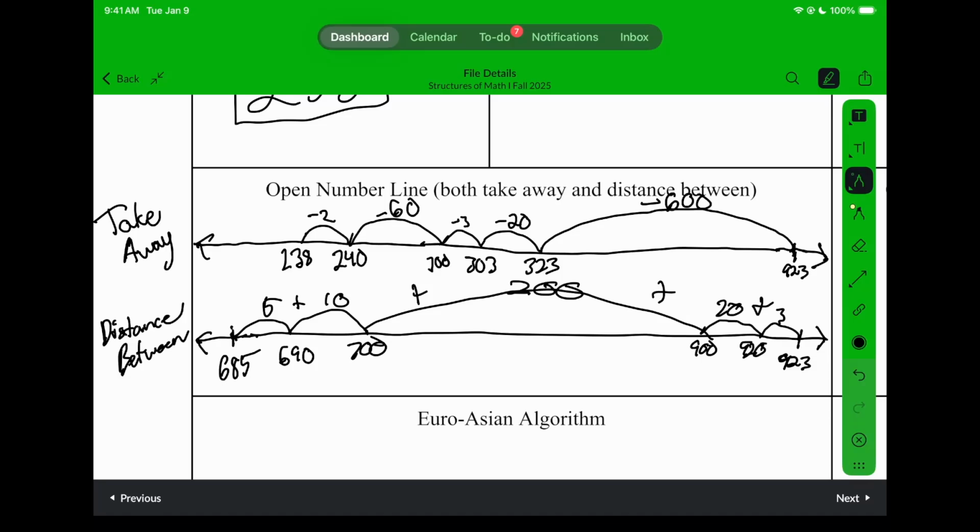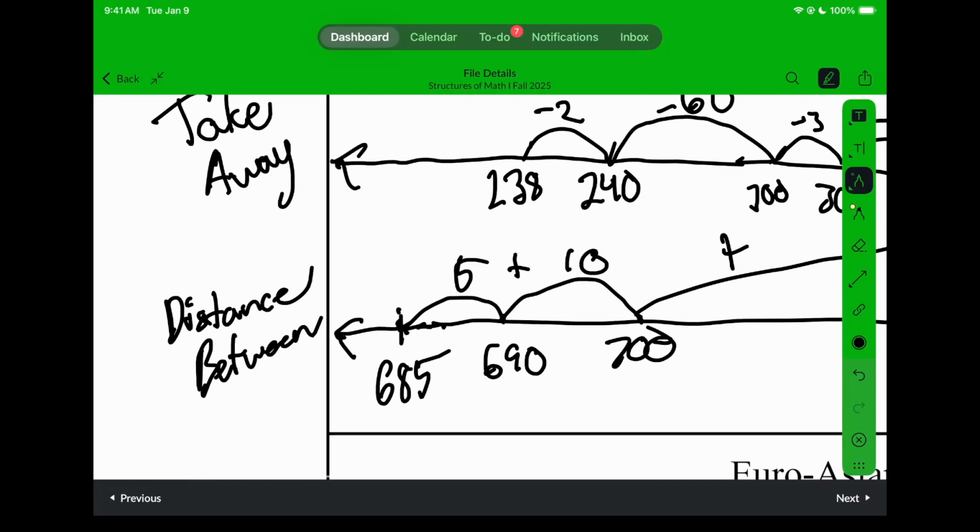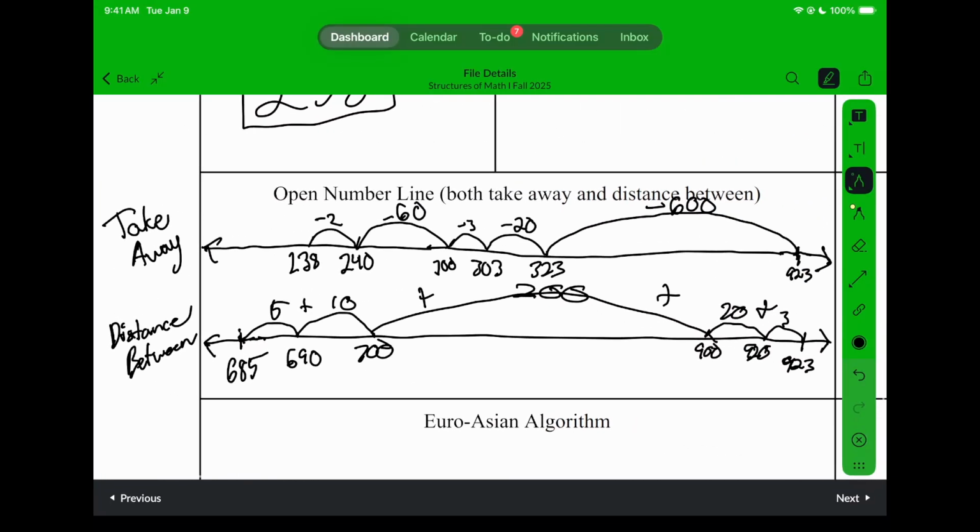All these numbers in the middle of the two numbers, the distance between, see what I did there? The distance between is going to be your answer. So you just add them up. 200. 20 plus 10 is 30. 5 plus 3 is 8. 238.